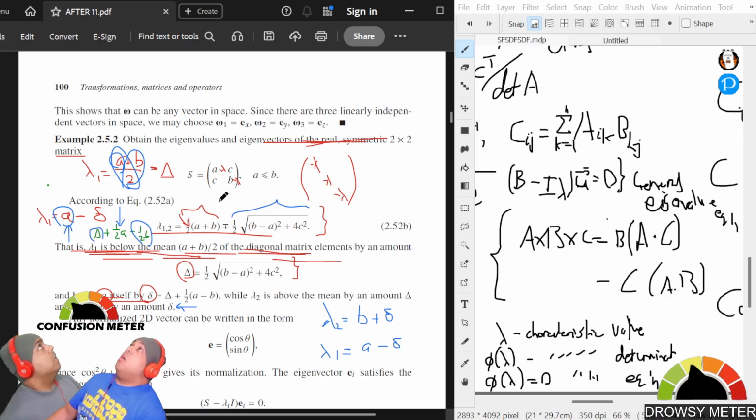Triangle is this, and delta is triangle plus half A minus B. Okay, delta is a little more complicated than this.